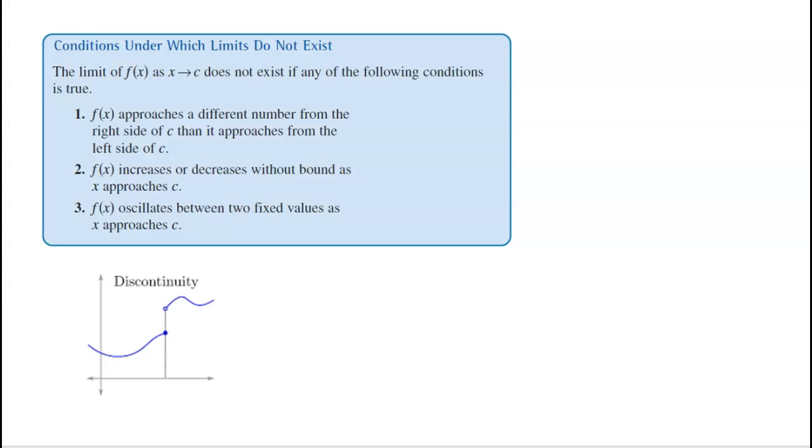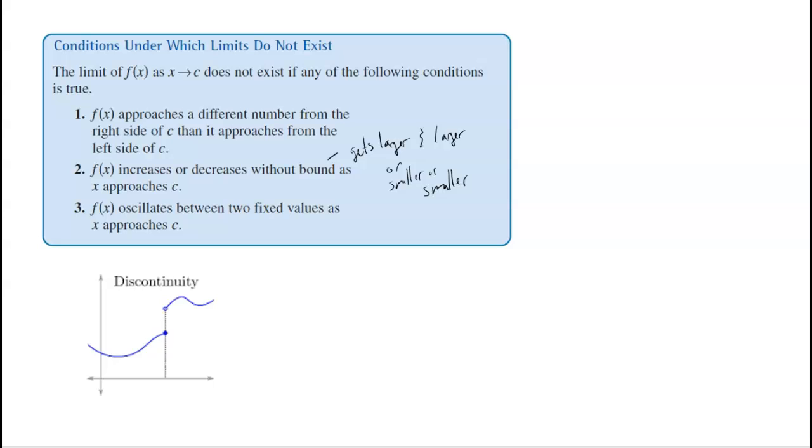All right, so the second one we have never seen before. It says f of x increases or decreases without bound. Basically what this means is that it gets larger and larger, or we can say smaller and smaller, without bound. So again, it's approaching infinity or negative infinity, and you just don't know where your graph is headed.